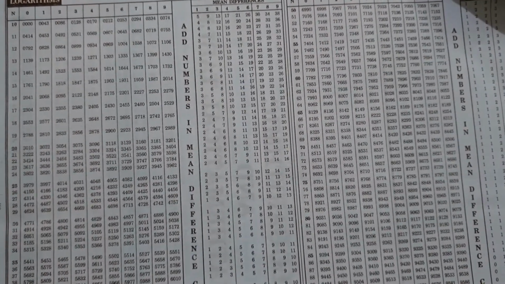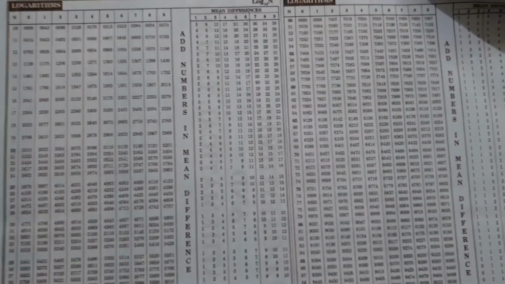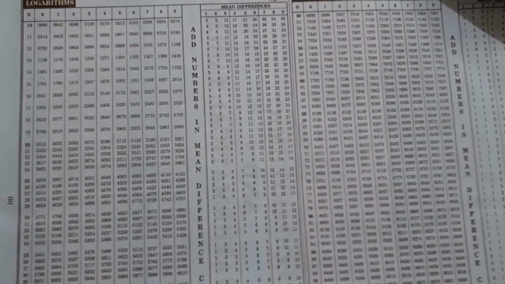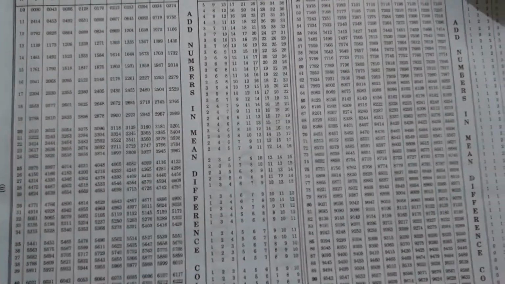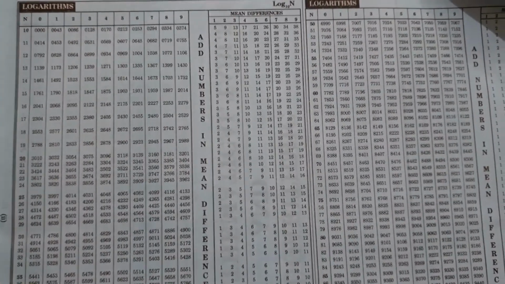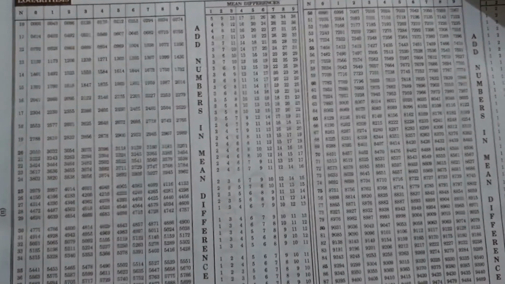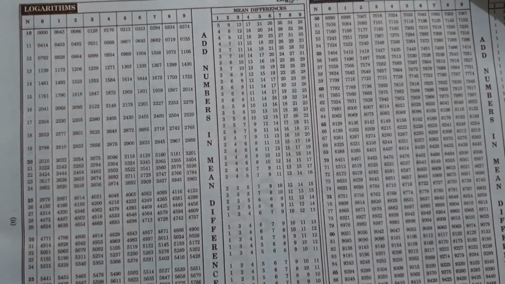When we take an example, I will again explain how to use this. Now we will find the logarithm of the given number. First we will take how to find the mantissa of the given number, and then how to find the logarithm of the given number.